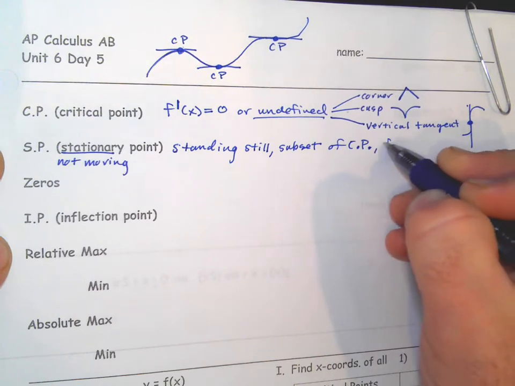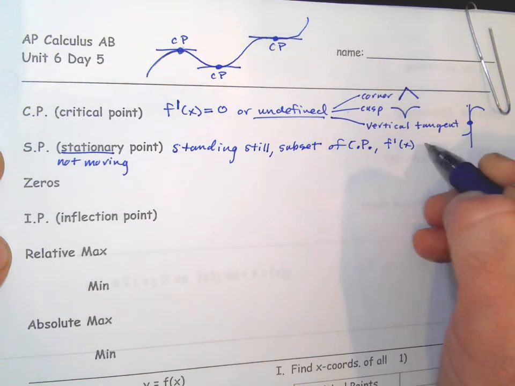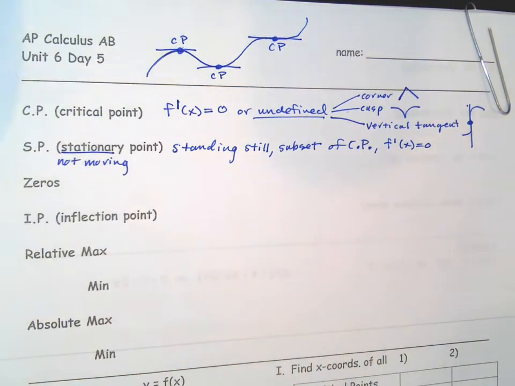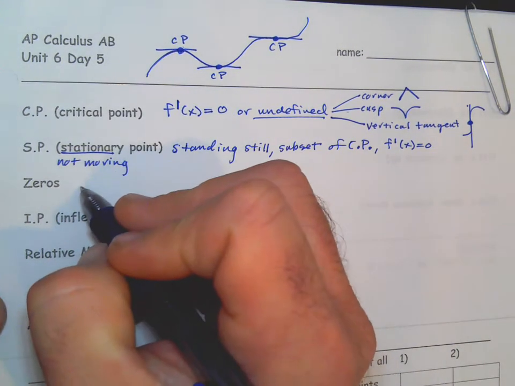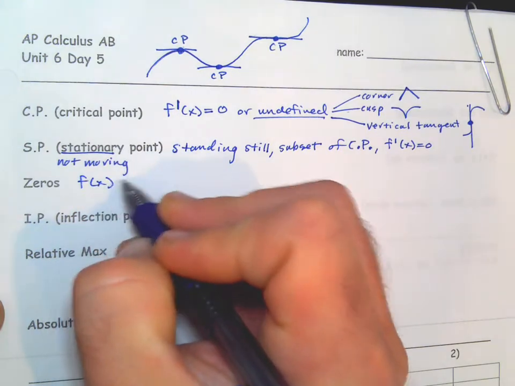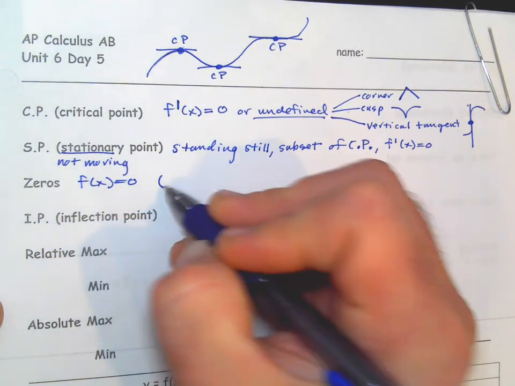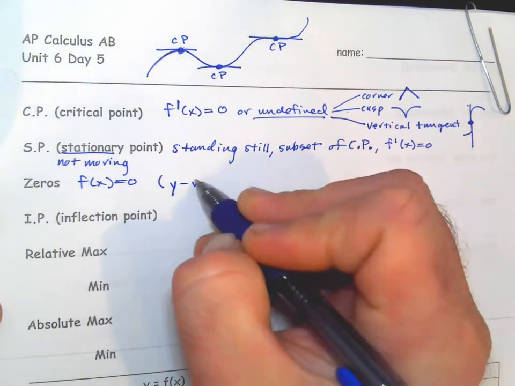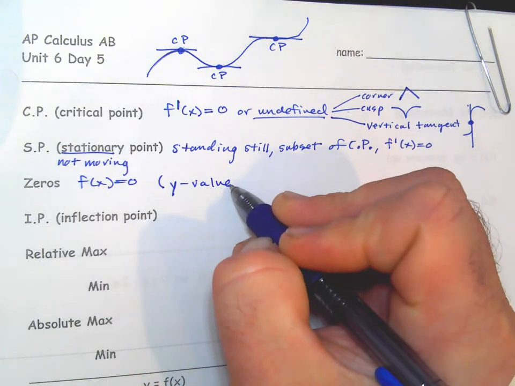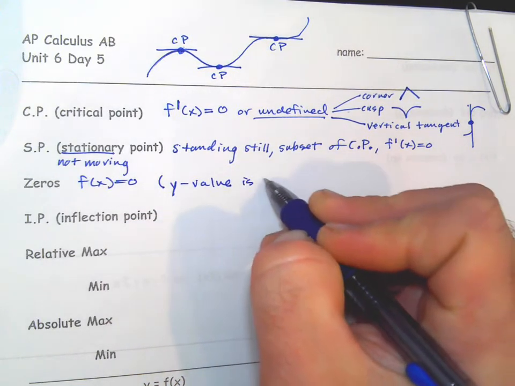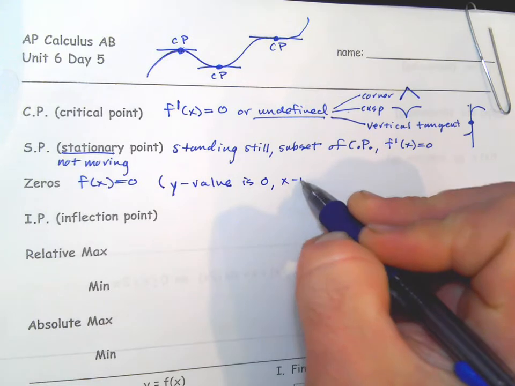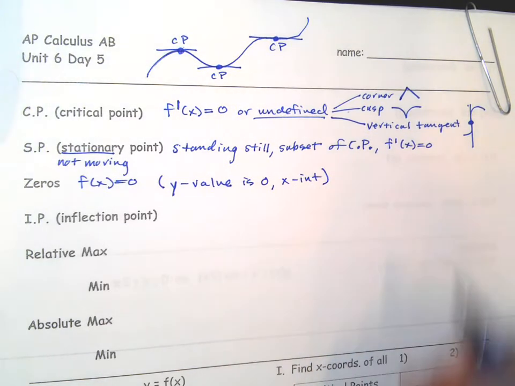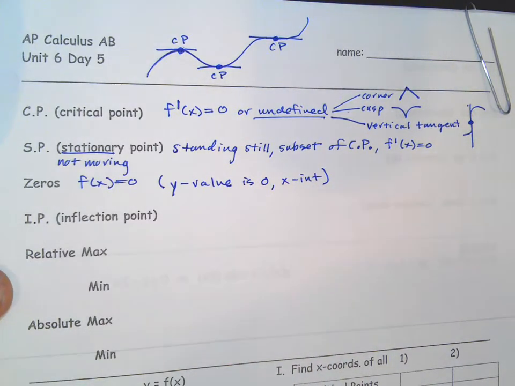It's specifically only when the derivative equals 0. So if you apply it to motion problems, it's not moving. Zeros are just when a function equals 0. So it's when the output or the y value is 0, which is also the same place as an x-intercept on a graph. So we've been talking about zeros a lot.